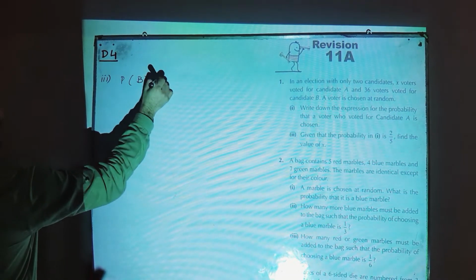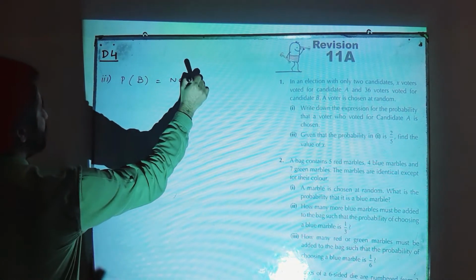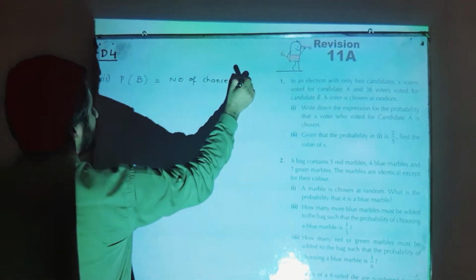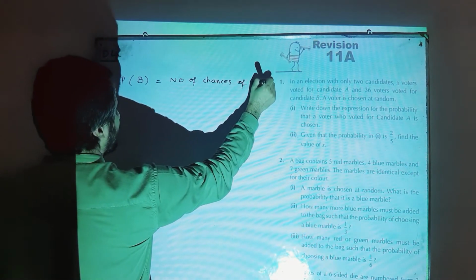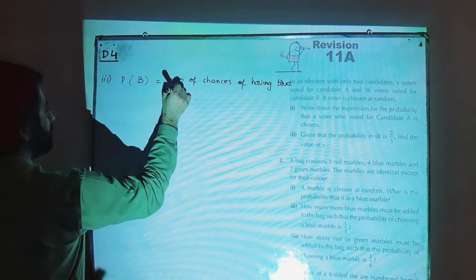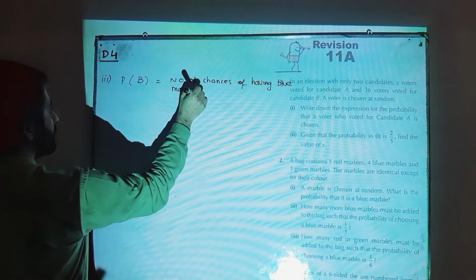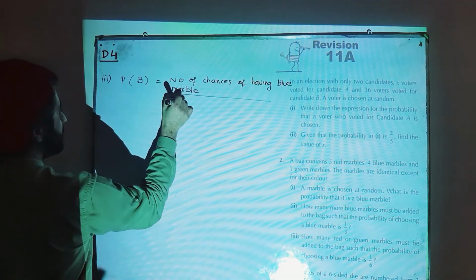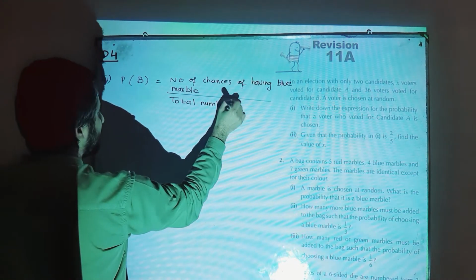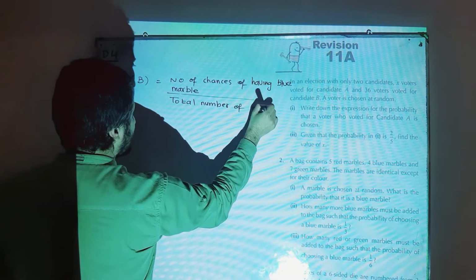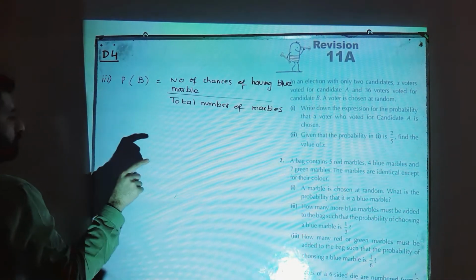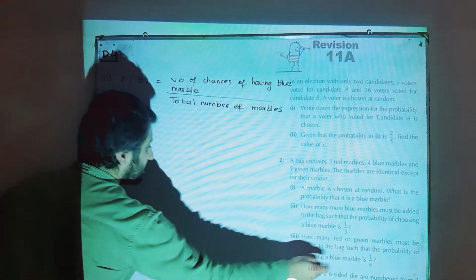Probability of blue marble is the number of chances of having a blue marble divided by the total number of marbles. Well, do you know the probability of blue marble? 1 by 6.